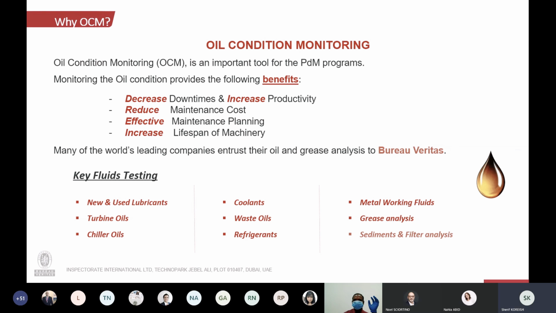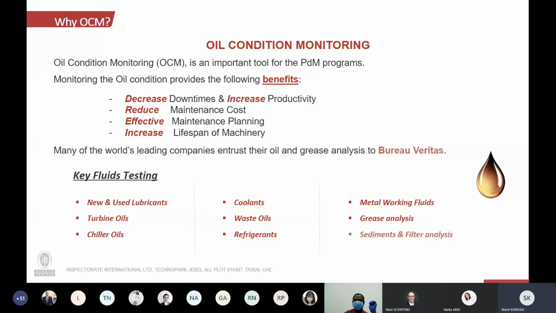So why is OCM important? OCM is actually a very important tool, one of the three major tools in the predictive maintenance programs. The benefits you are going to get from having this program in place are a decrease in the downtimes and for sure an increase in productivity.